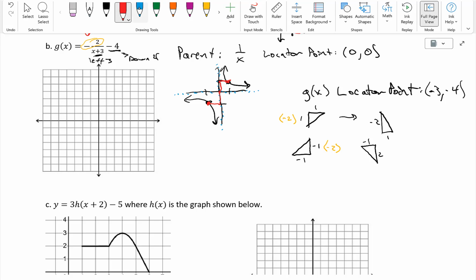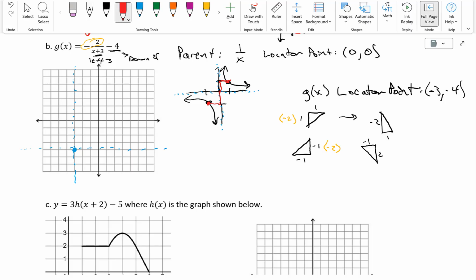All right, so we can use those to track some points. We can plot our point at negative 3, negative 4, that locator point. And we can dash in those asymptotes if it helps you graph. We'll do way more with asymptotes later when we do the rational functions. For now, we just have them for this 1 over x function. And then we can find our nice points from there.